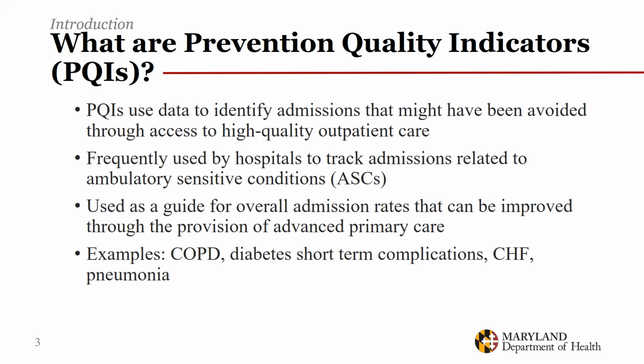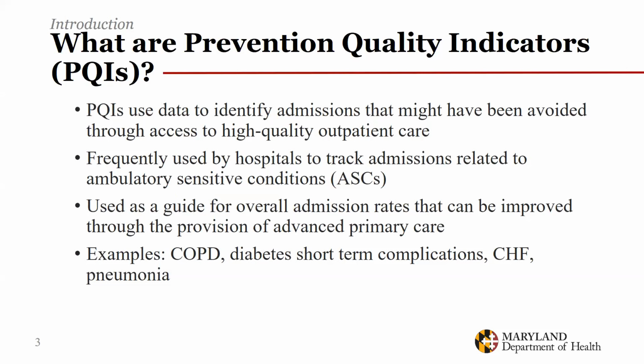Hospitals often use these to track admissions that are related to what hospitals call ambulatory sensitive conditions, or ASCs. Those conditions that, again, can generically be cared for in the outpatient or primary care office level.